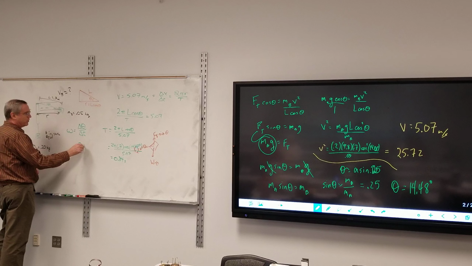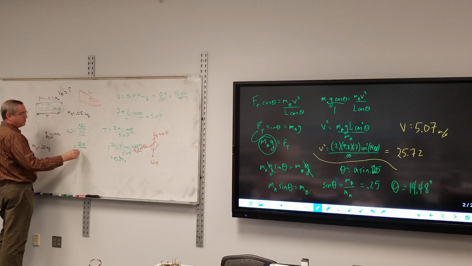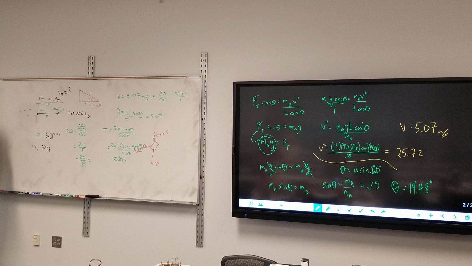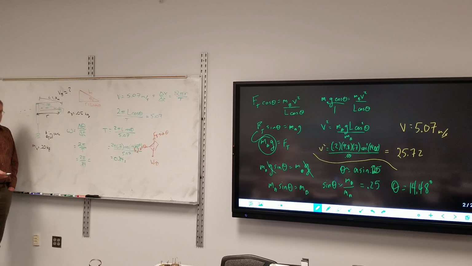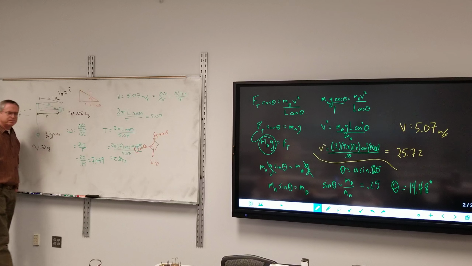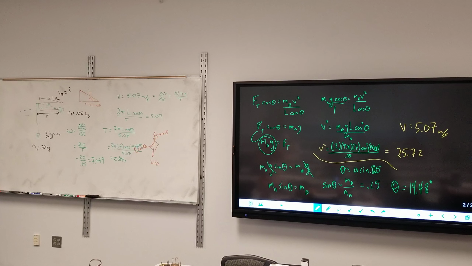2 pi. Everything said needed to be 2 pi over the period, which is 2 pi over 0.84. And so what do we get as the angular speed? 7.479 units.